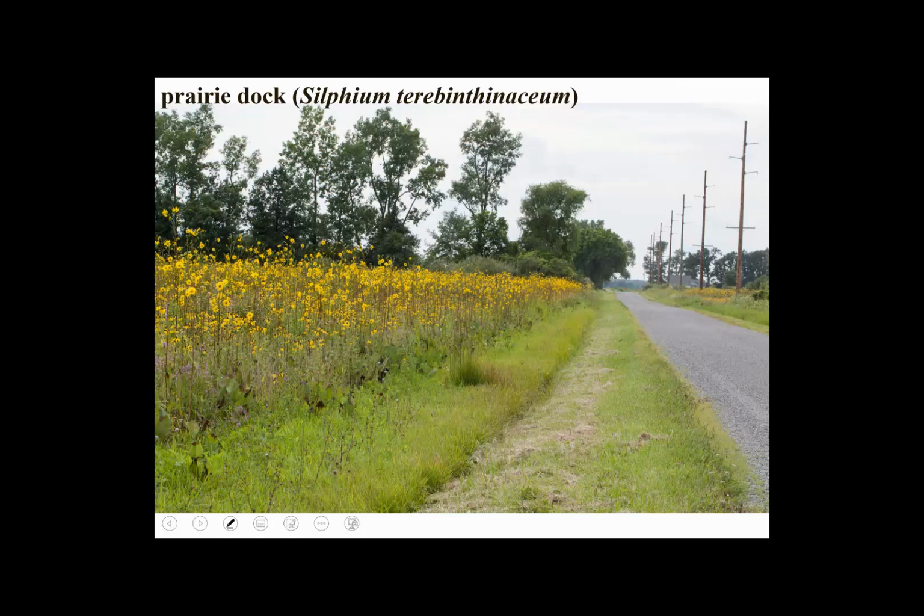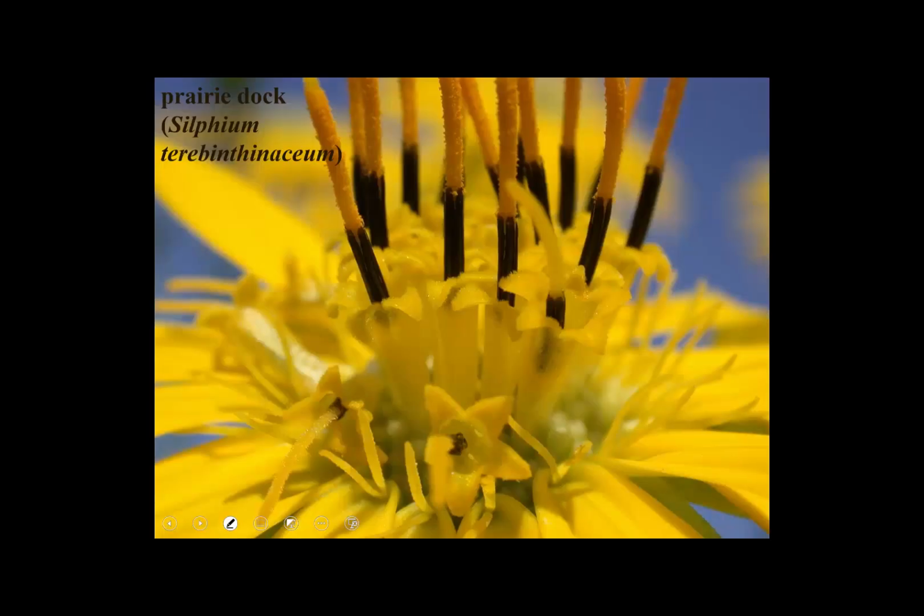And here's a prairie remnant in Wyandot County, where there's a lot of this prairie dock, Silphium terebinthinaceum. Something noteworthy about the genus Silphium is that unusually the disc flowers are not seed producing.